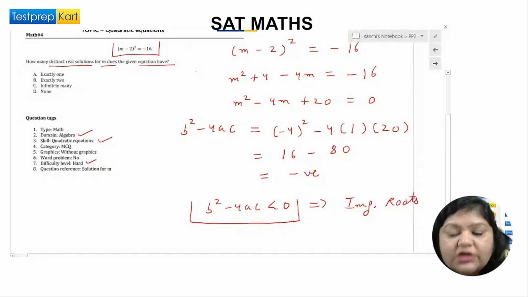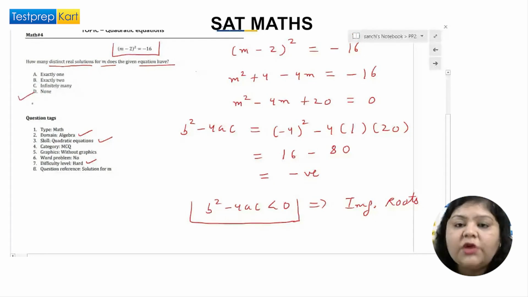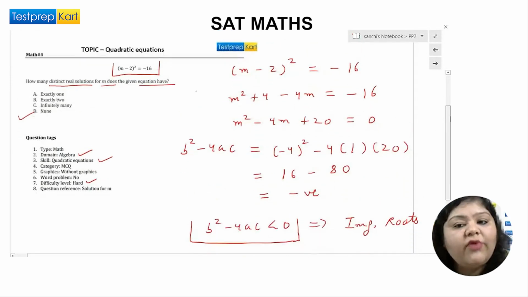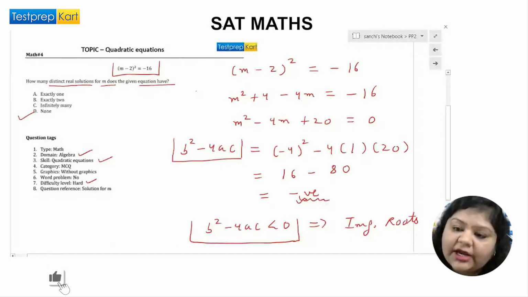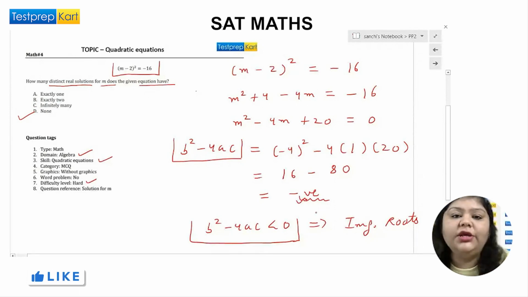So if this function is having imaginary roots, can I say it will not have any real root? And if it is not having any real root, can't I mark this option D as the correct one, that it will not have any real root? Why so? Because the discriminant, this b square minus 4ac, is coming out as negative only. That is why it will have imaginary roots.